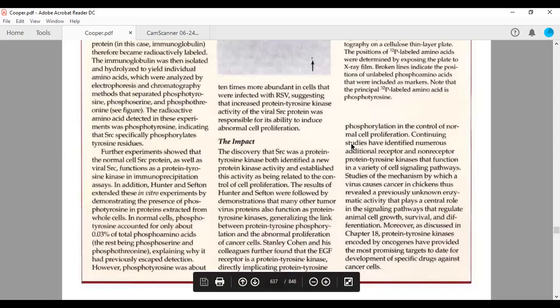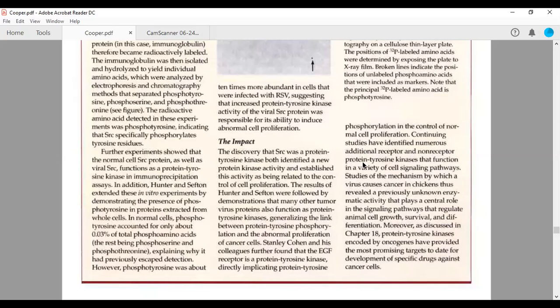So, continuing studies have identified numerous additional receptors and non-receptor protein tyrosine kinases. For example, these are those receptors which do not have inbuilt tyrosine kinase activity in their C-terminal domain and interact with some of the tyrosine kinases. So they function in a variety of cell signaling pathways. For example, this is generally in the growth factor receptor pathways.